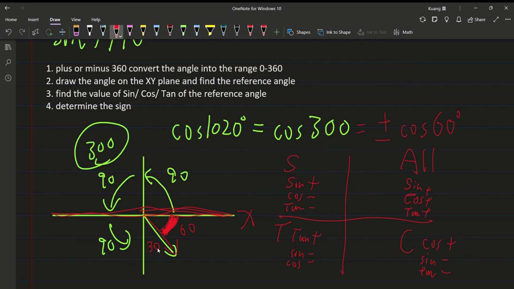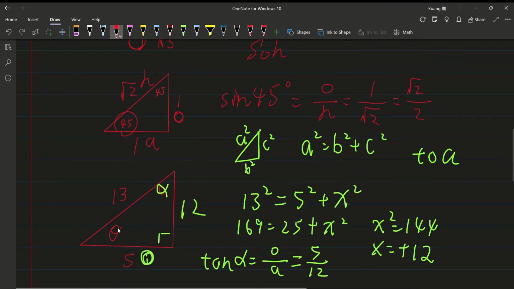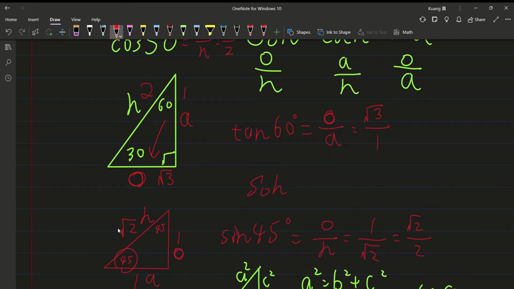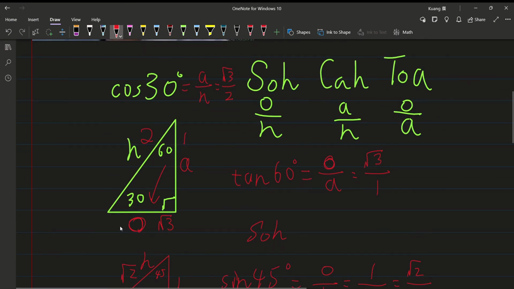So where is our angle? 300 points in that direction. So we look at this. Cosine should be positive. So we leave the positive sign. We remove the negative sign. Cosine 60, we look at this one, right? Cosine 60.